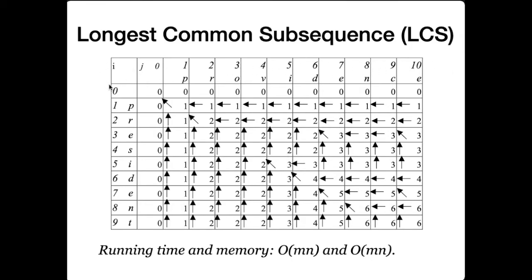So, for string A, you need to specify the content of the symbol na nasa A sub 1, A sub 2, hanggang sa A sub n. And then, for B naman, you need to specify the content na nasa B sub 1, that's P, B sub 2, and so on.